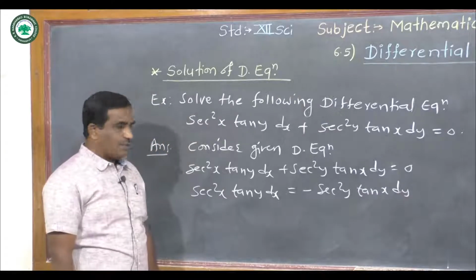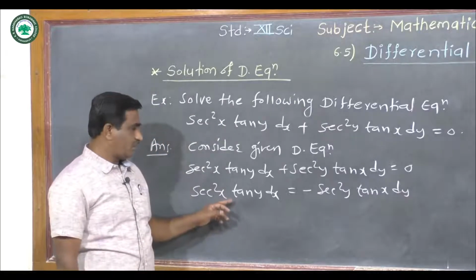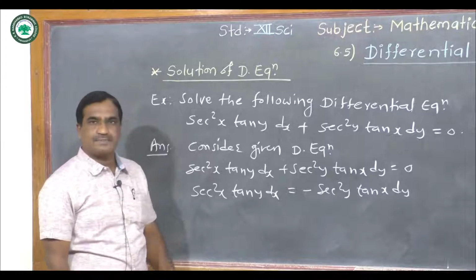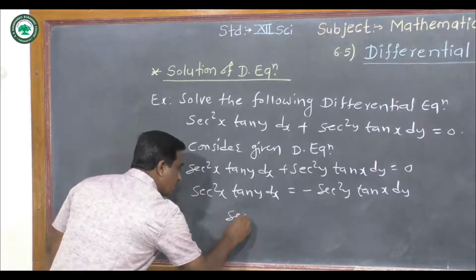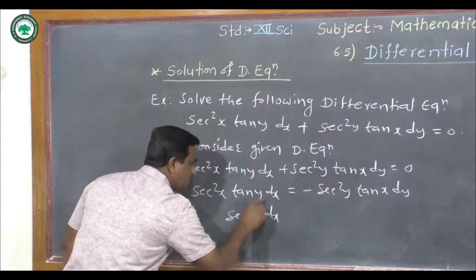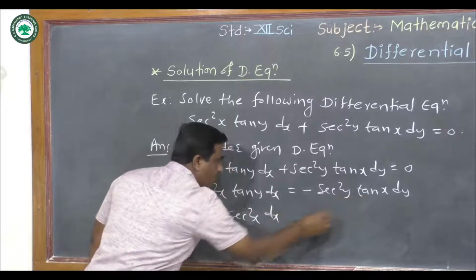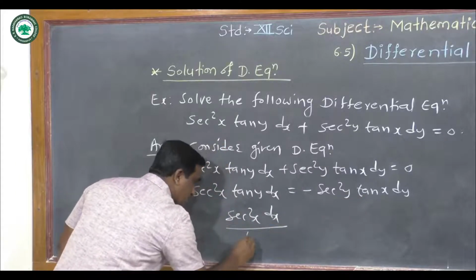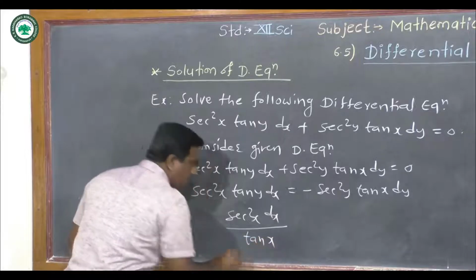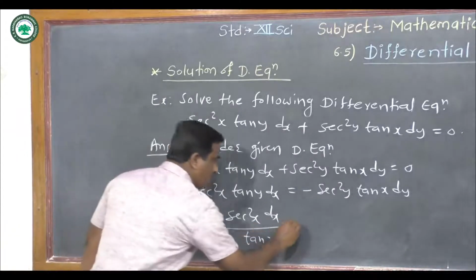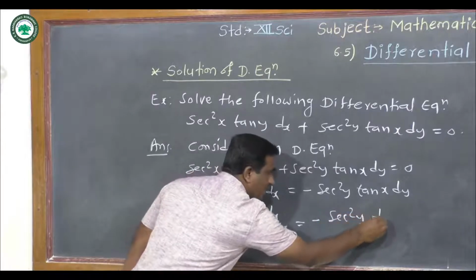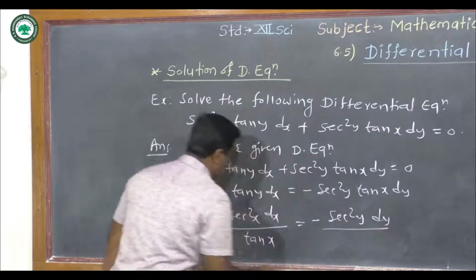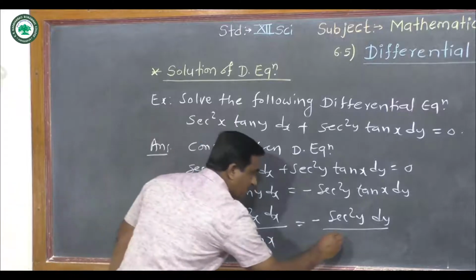Now take terms of x to the LHS and terms of y to the RHS. Therefore we can write sec square x dx upon tan x is equal to minus sec square y dy upon tan y.